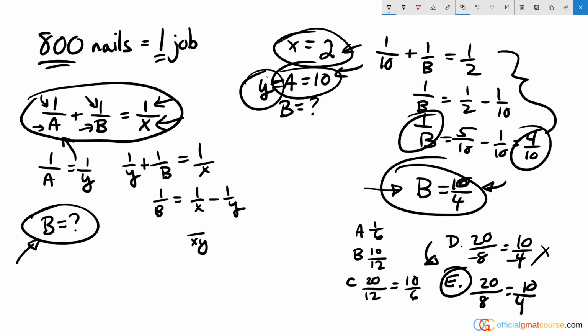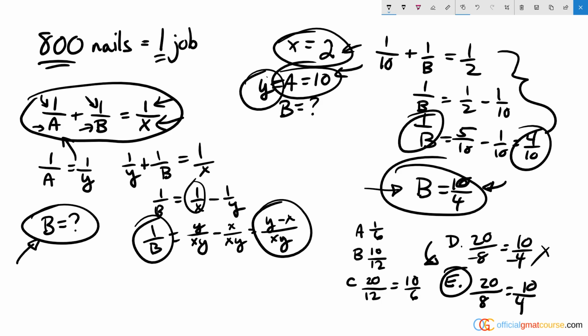So I get Y over XY, multiplying by Y over Y, minus X over XY equals 1 over B. Combining the common base gives you Y minus X over X times Y. Then flip them over to solve for B, and that would give you B equals XY over Y minus X. And that is answer choice E as well.